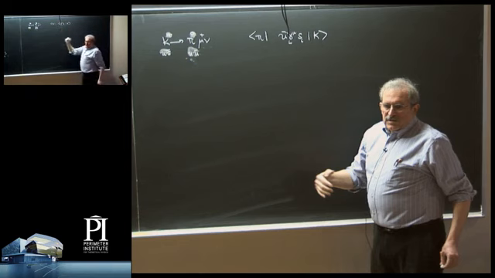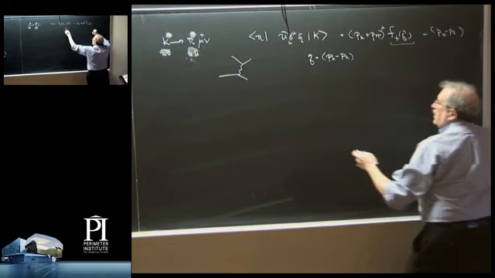This is a vector current, so there's not so much that you can write for this. You really have to write something like this, pk plus p pi times some form factor f plus of q squared, where q is pk minus p pi. That's the invariant momentum transfer in this process.